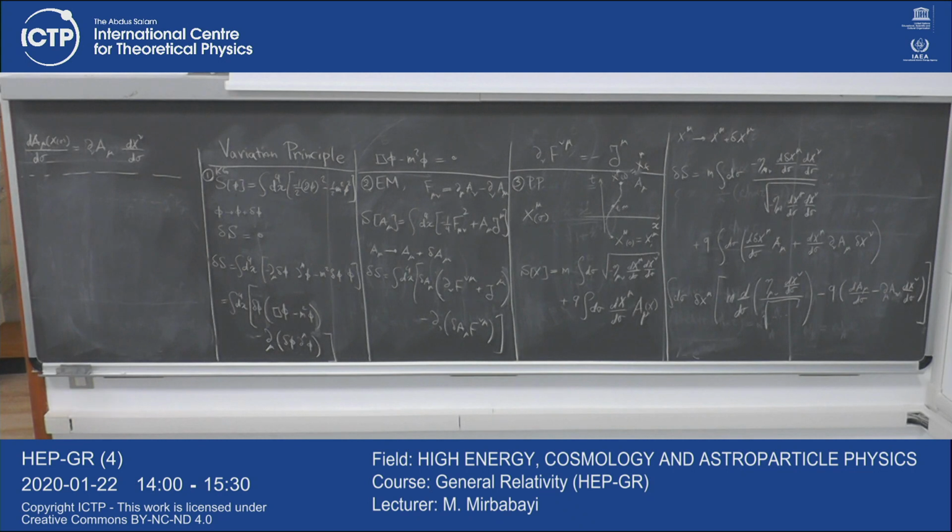Another thing that we can do is to now express our equations, which was written for this parameter σ, in terms of the proper time. So what is the relation between the proper time, or derivative with respect to proper time, and derivative with respect to σ? That's from the definition of the proper time. This is nothing but this square root that we had there.